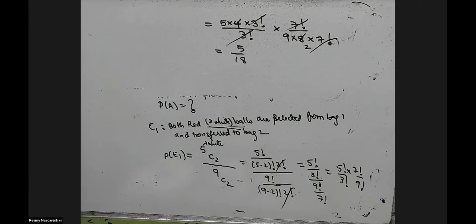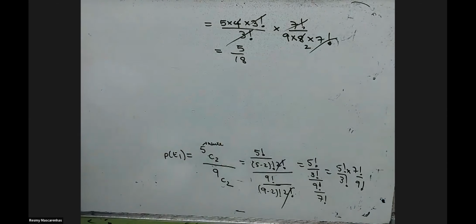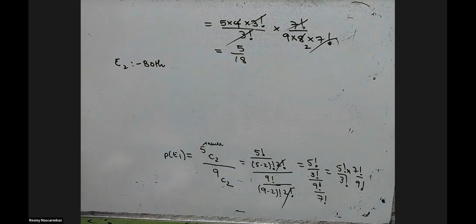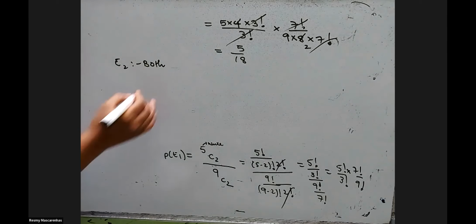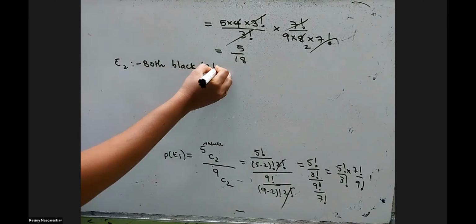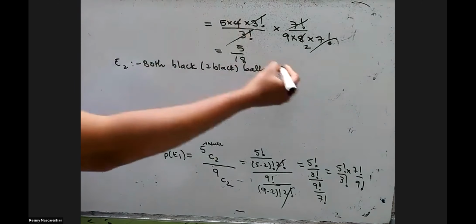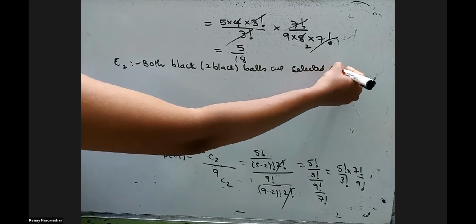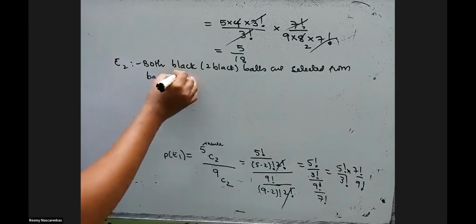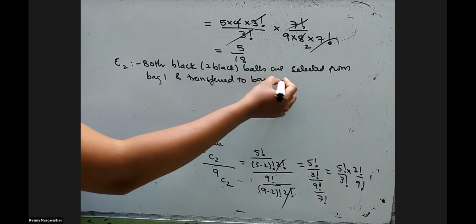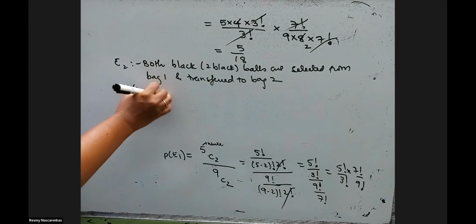Now we'll take event 2. E2 is what? Both black, 2 black balls are selected from bag 1 and transferred to bag 2. So what is the probability of E2?